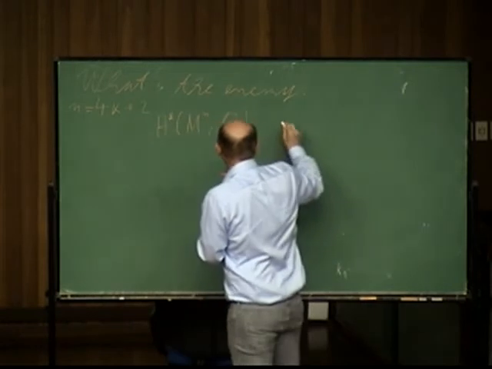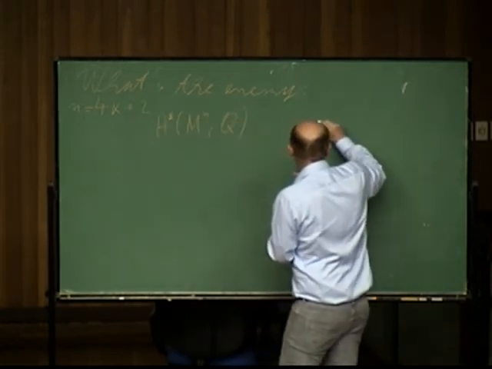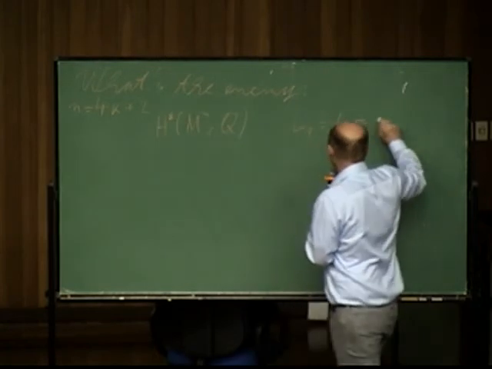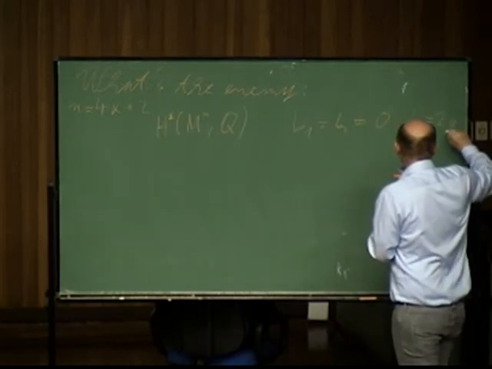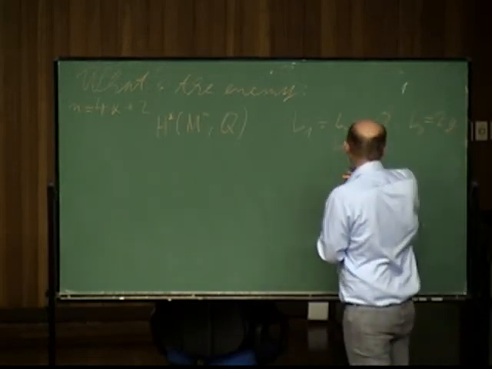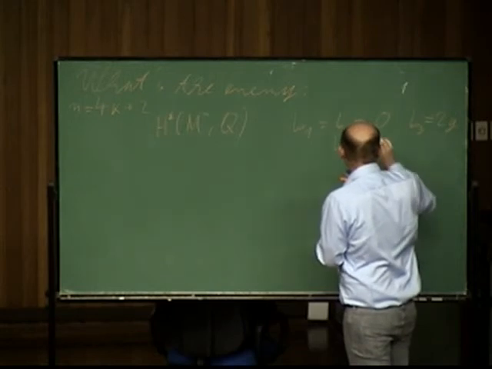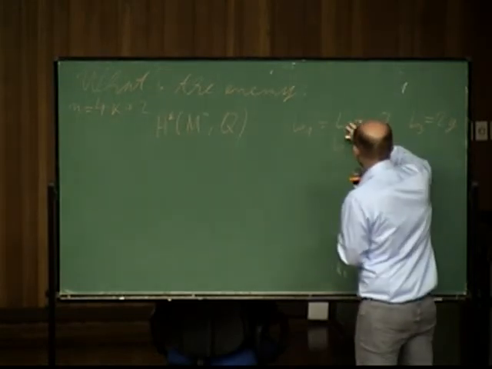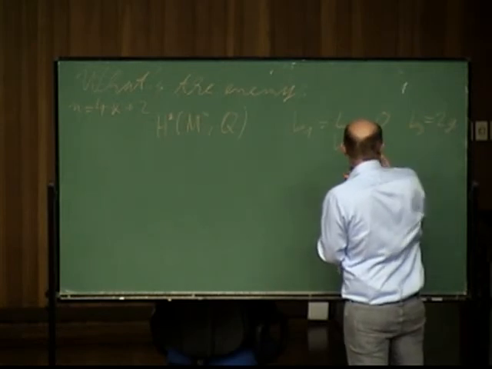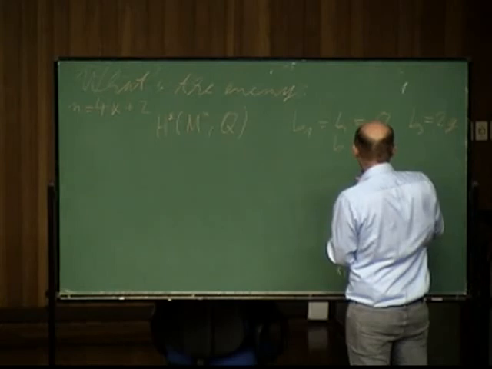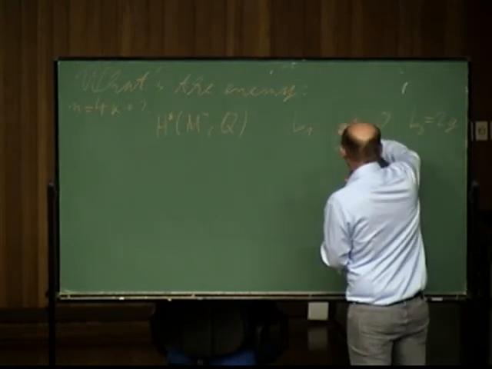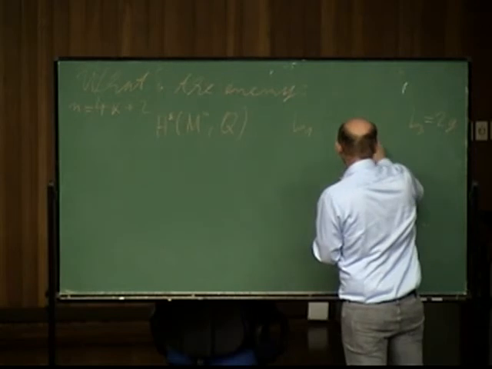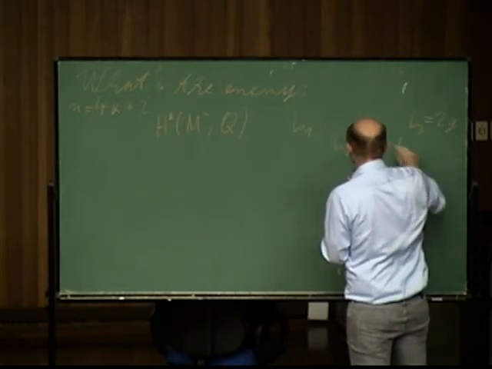The first Betti number is equal to 0, the second Betti number is 1, and that's equal to the fourth Betti number.